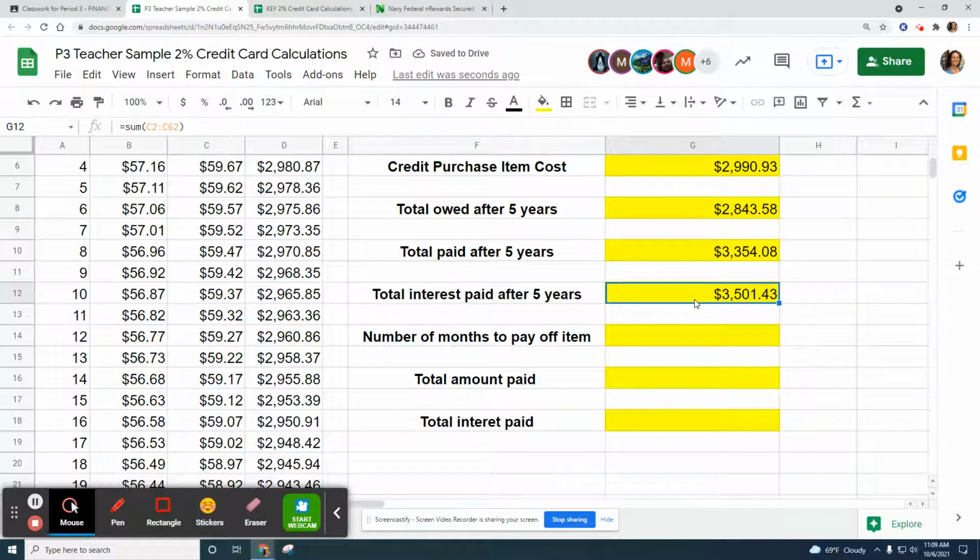I'm going to zoom in and check to see who needs help. Equals the sum of C3 to C63.